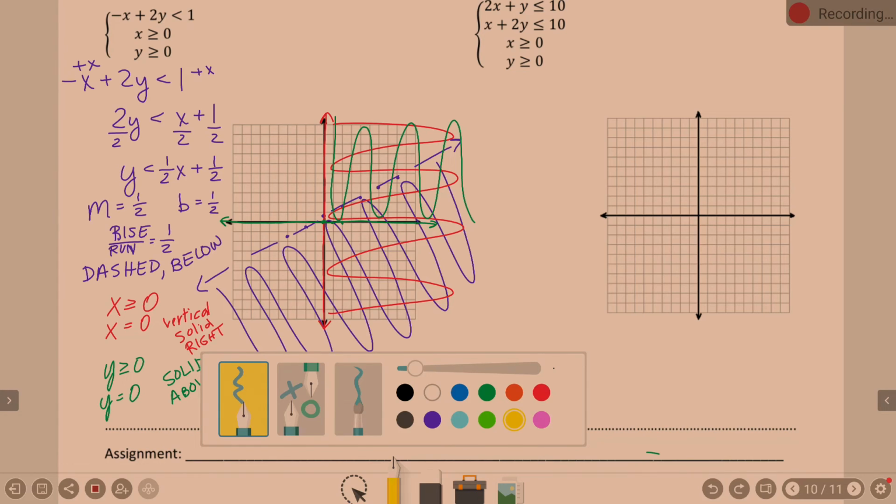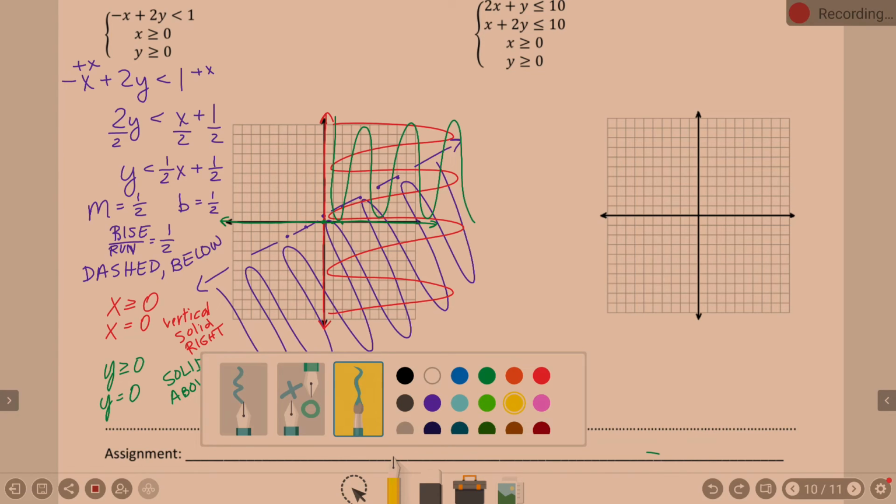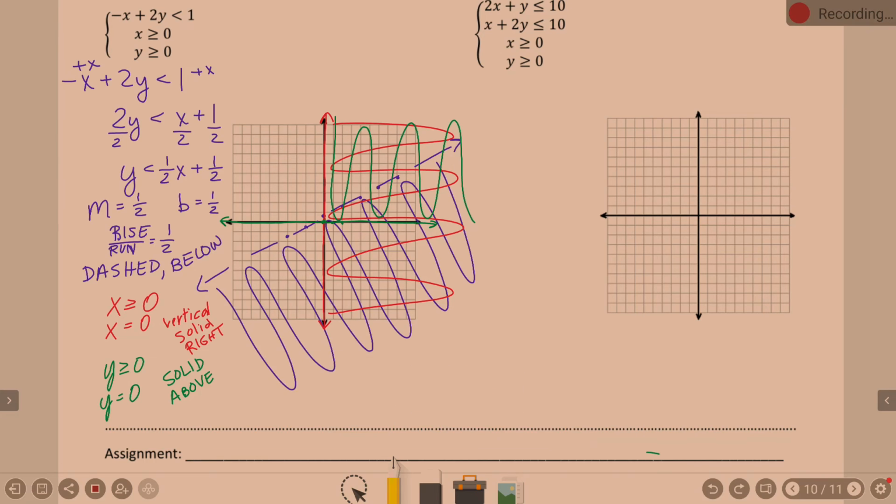Solid or dashed line? I already drew it in a solid, so it is equal to again, so solid. And I'm back to asking above or below. This is greater than, so we are going to go above.